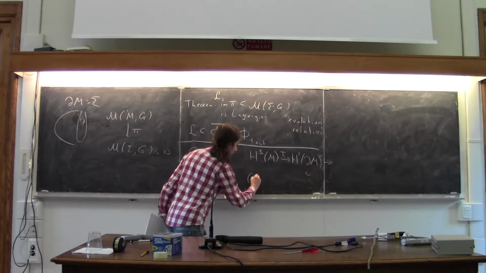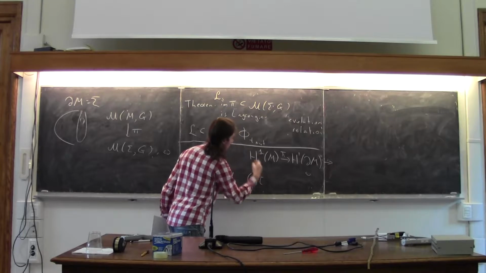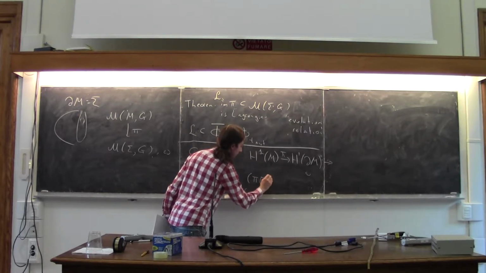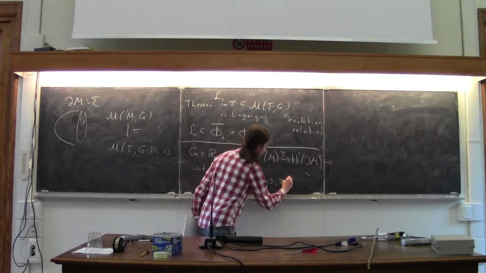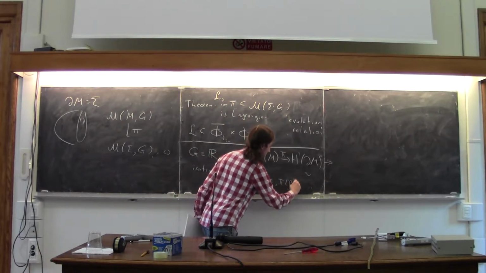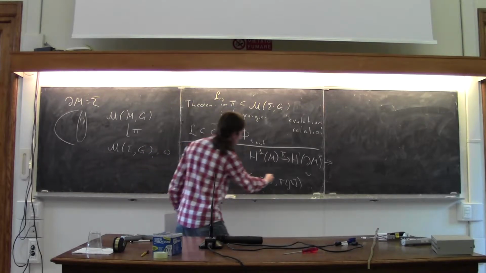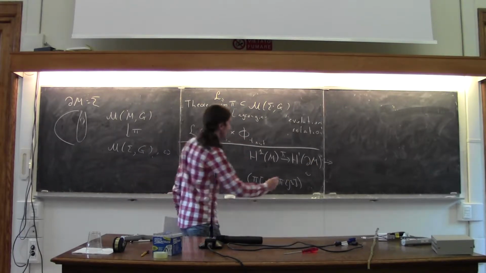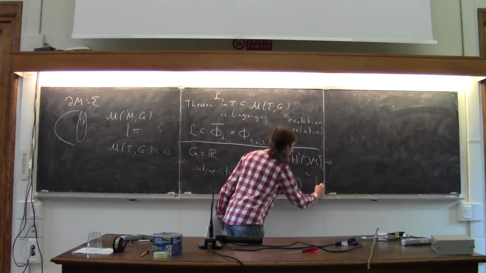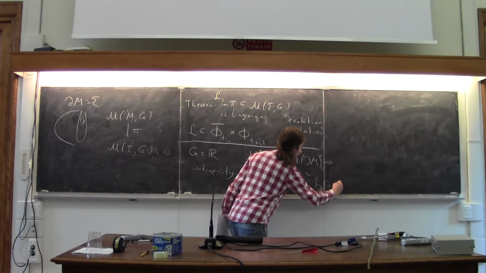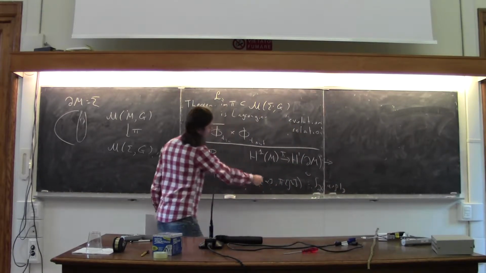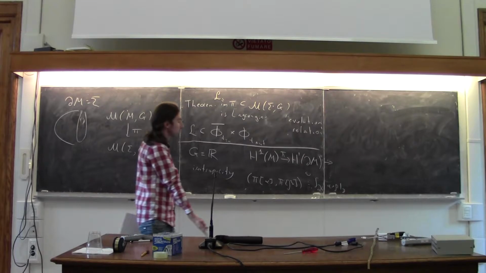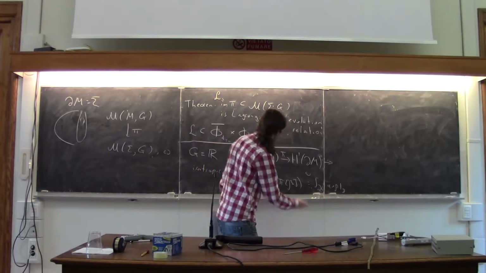I have pi of some class alpha on M, and pi of some class beta. I want to pair them using Poincaré duality. This is just an integral over the boundary of M of alpha wedge beta restricted to the boundary. That's what pi does, it just restricts closed forms to the boundary.